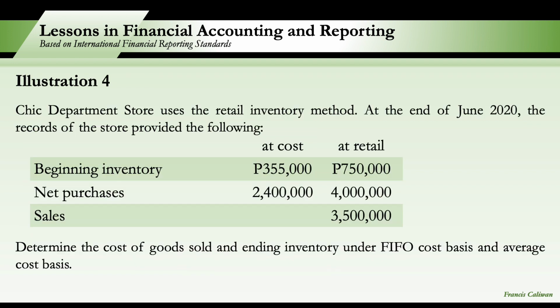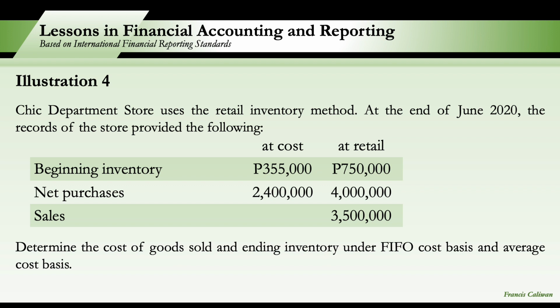So now let us have the first illustrative problem about the retail inventory method. Chic Department Store uses the retail inventory method. At the end of June 2020, the records of the store provided the following. Beginning inventory at cost is 355,000, whereas the beginning inventory at retail is 750,000.